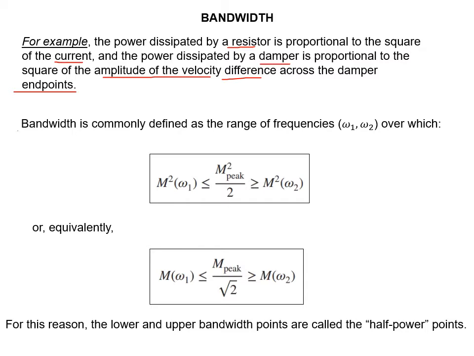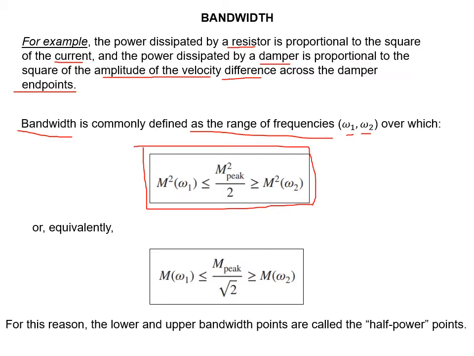Again, our bandwidth is commonly defined as a range of frequencies, omega 1 and omega 2, over which we have this relationship: M squared of omega 1 is less than or equal to M peak squared over 2, which is greater than or equal to M squared of omega 2.